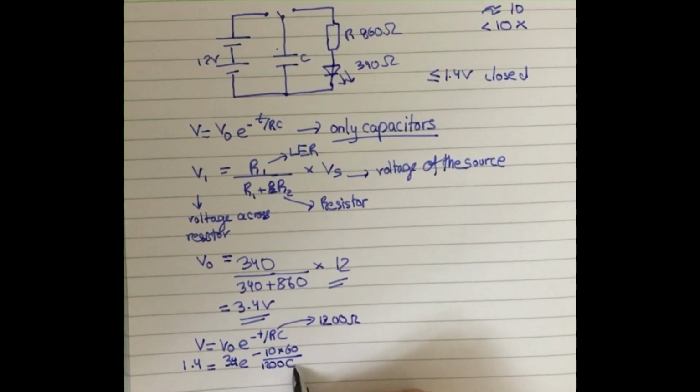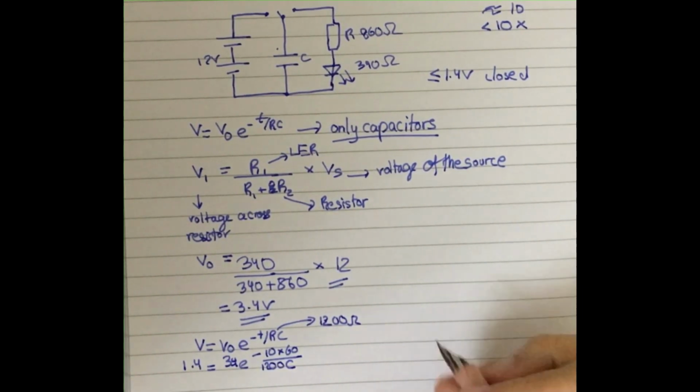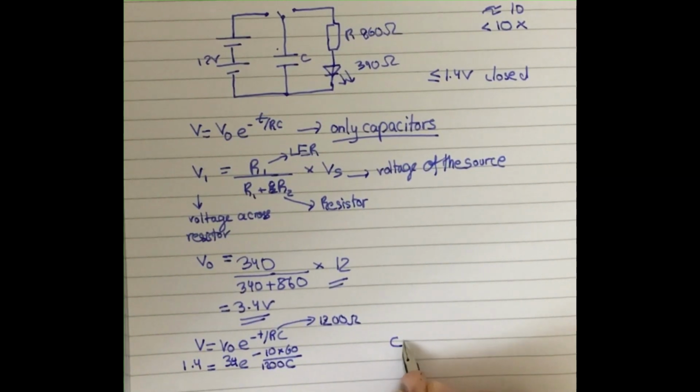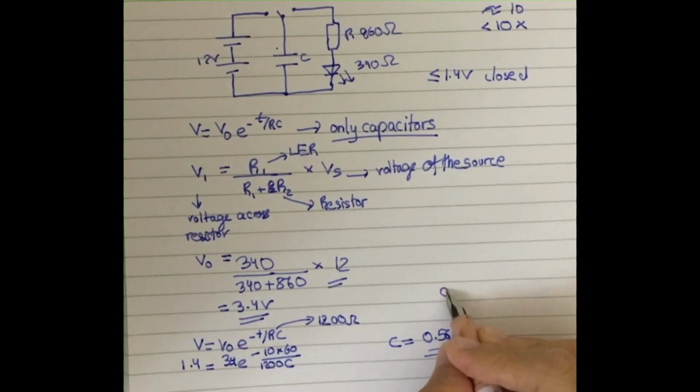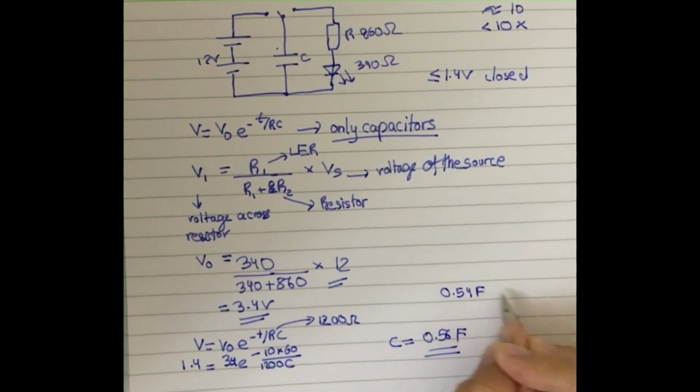And the capacitance we have to find, because it asked us to determine the capacitance, right? Once you have solved it, you will get your capacitance as 0.56. Now we are stuck with 0.54 F and 0.58 F. Now we have to decide which one to use.